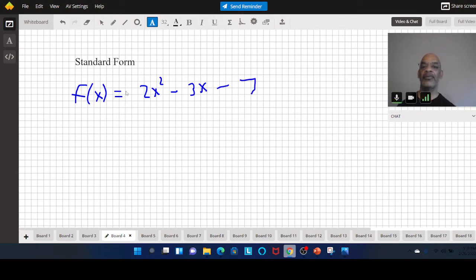And in standard form, we have a, b, and c values. They might equal 0. In this case, a equals 2, b equals negative 3, and c equals negative 7.